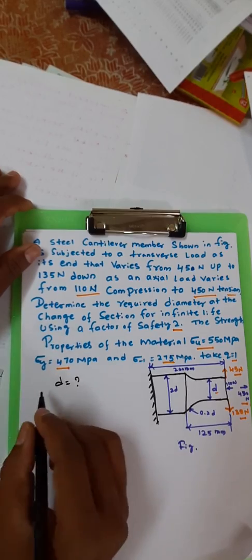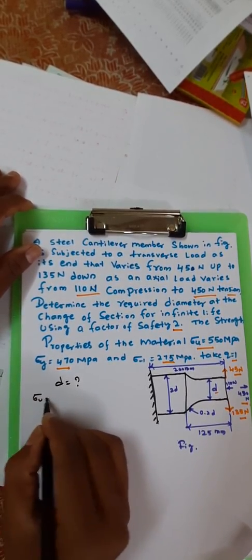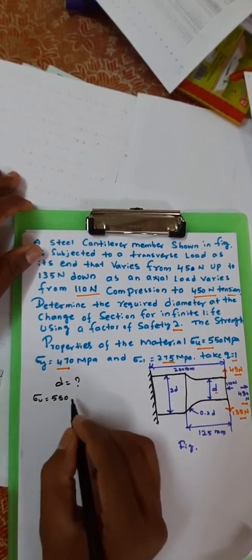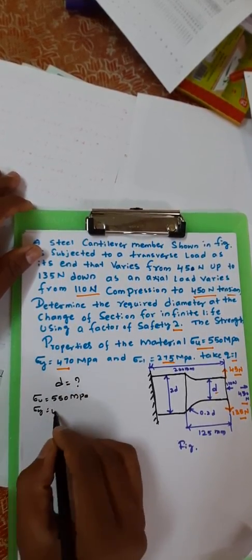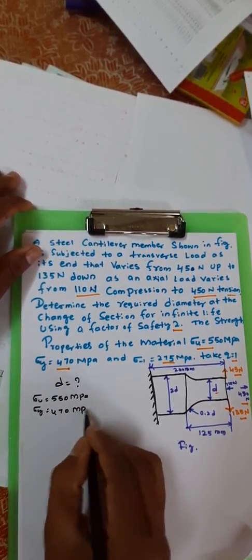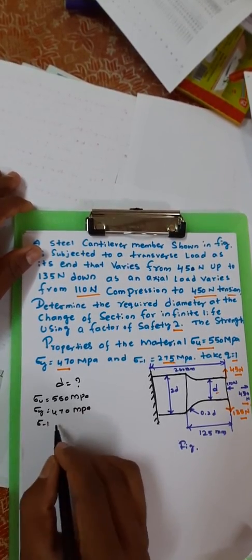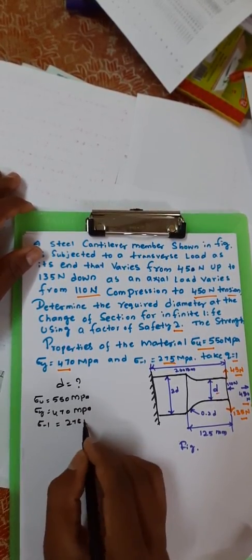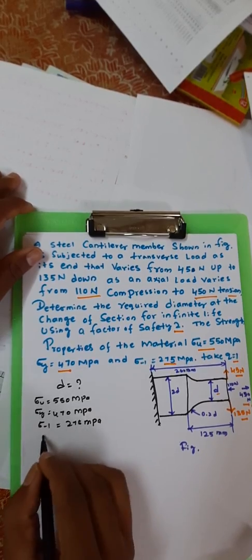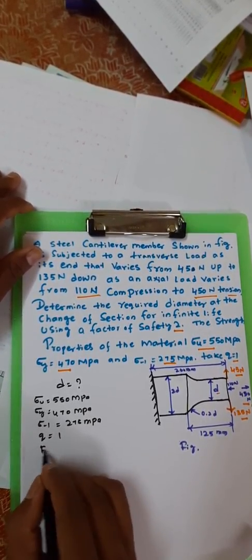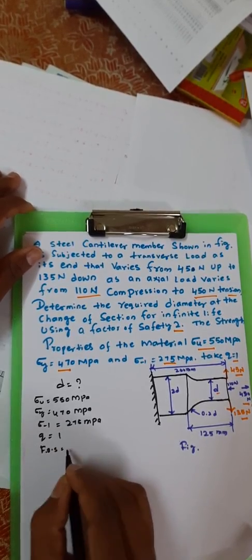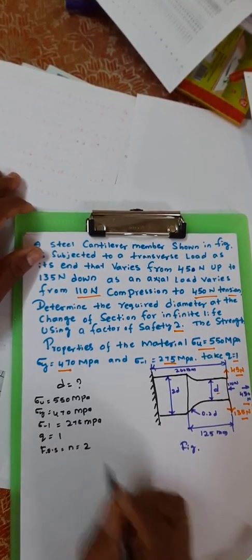Sigma u is equal to 550 MPa, sigma y is equal to 470 MPa, sigma minus 1 is equal to 275 MPa, and q is equal to 1, the notch sensitivity. FOS, which is n, is equal to 2.